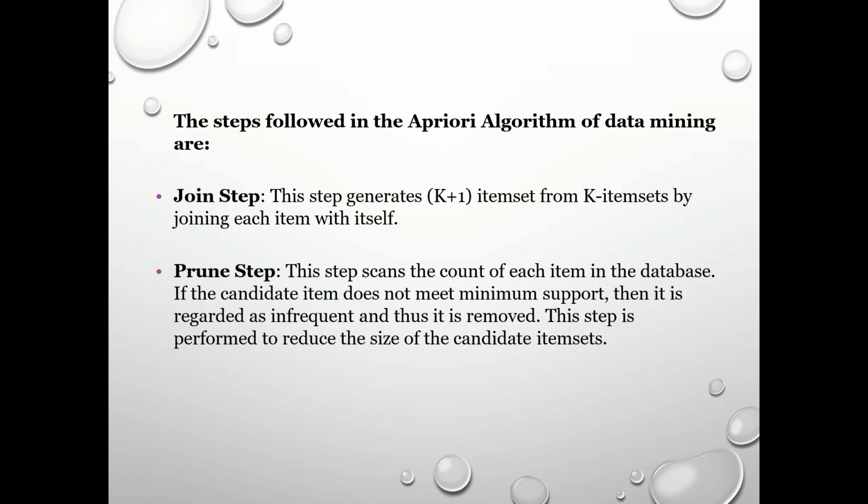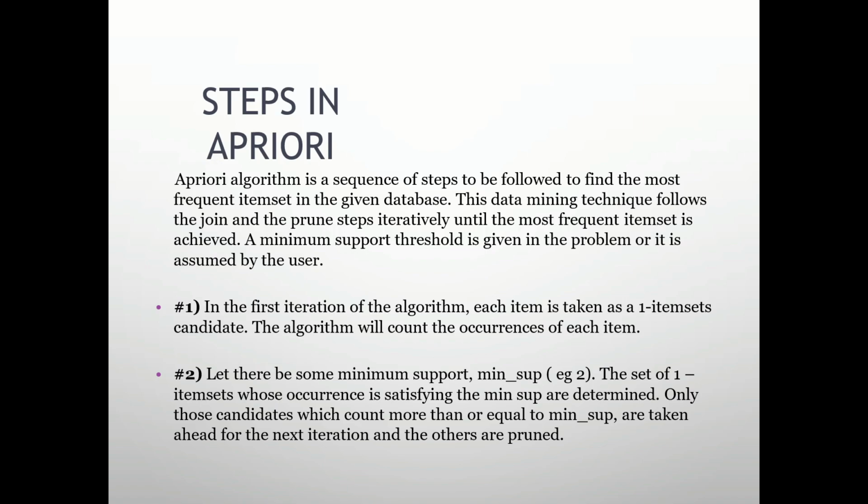The steps in the Apriori algorithm are a sequence followed to find the most frequent items of the given data set. This data mining technique follows the join and prune steps iteratively until the most frequent itemset is achieved. The minimum support threshold is given in the problem or assumed by the user.